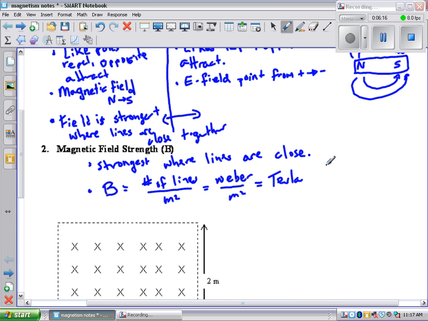Now there's one thing that we're going to have to pay attention to. When we're doing magnetic fields, we actually have to think in 3 dimensions. Okay, if I want to draw a magnetic field pointing to the right, I would just draw an arrow pointing to the right. If I want to draw a magnetic field pointing down, I would draw an arrow pointing down. But if I want to draw a magnetic field going away from you into the page, how would I draw that?